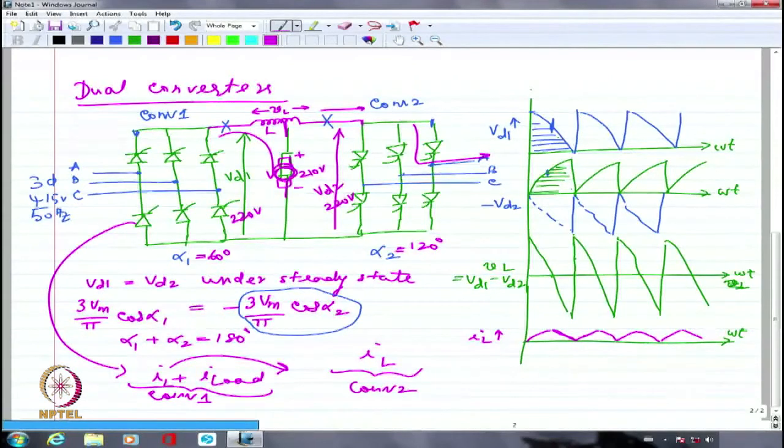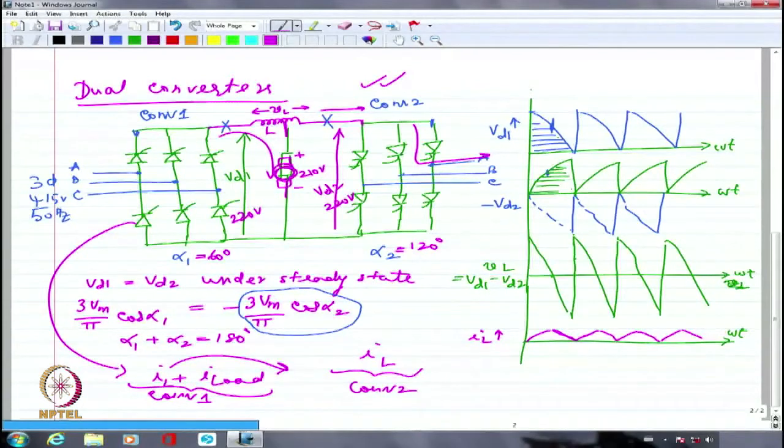It's not going to be easy. Whereas in this case, there is already one converter working with alpha greater than 90, and that converter is ready to carry the current in whatever direction I want. There is no problem. It is connected in a very conducive manner. No problem at all.